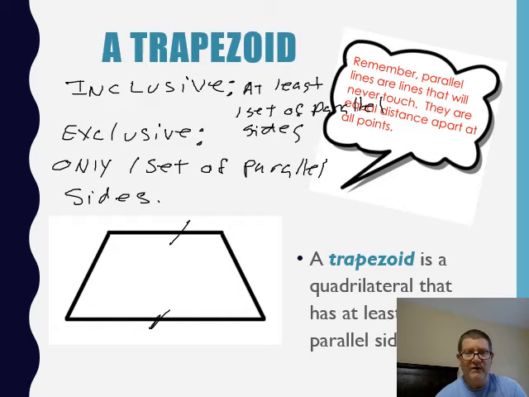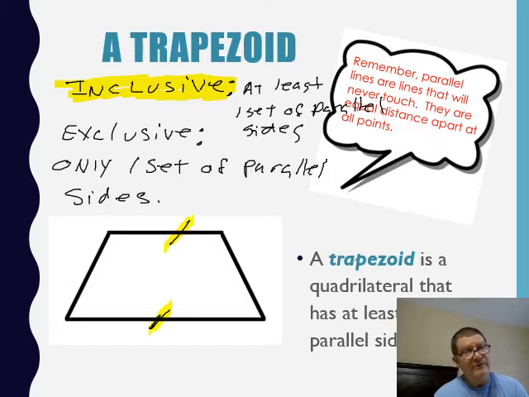Now, in Duval County, with our curriculum, we're going with the inclusive definition. Okay, so basically what that means is that if we have at least one set of parallel sides, then it could be classified as a trapezoid. Now, what kind of implications does that have? That means a parallelogram.